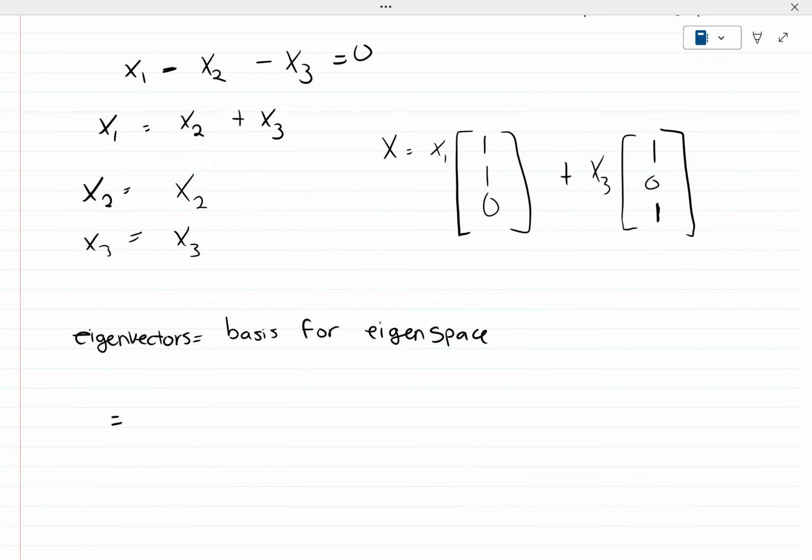And that's going to be equal to these vectors. So it's going to be 1, 1, 0, and then this.